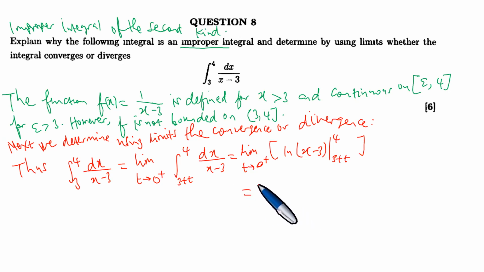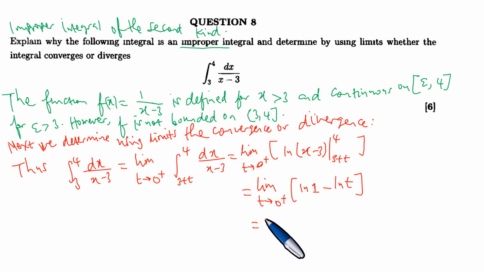So now at this point, you substitute the 4 and the 3, and you take the limit. So it's going to be the limit as t approaches 0 from the right. Substitute 4, it becomes the ln of 1 minus the ln of t.